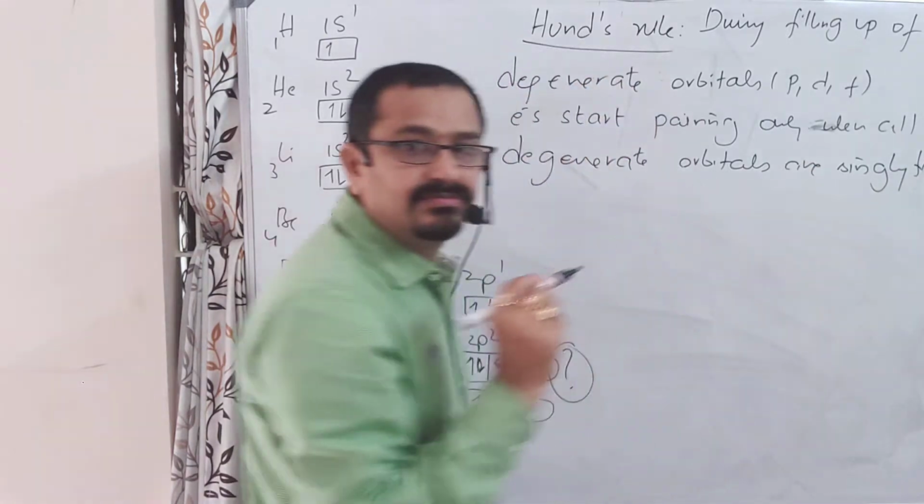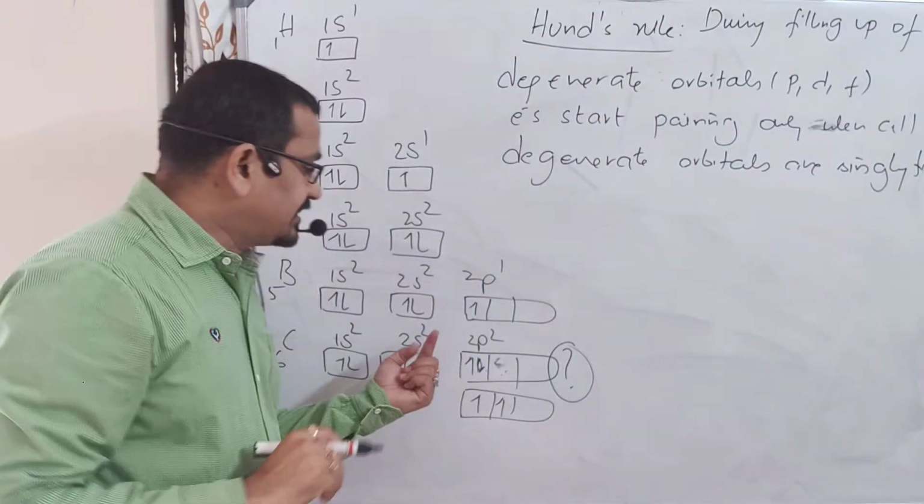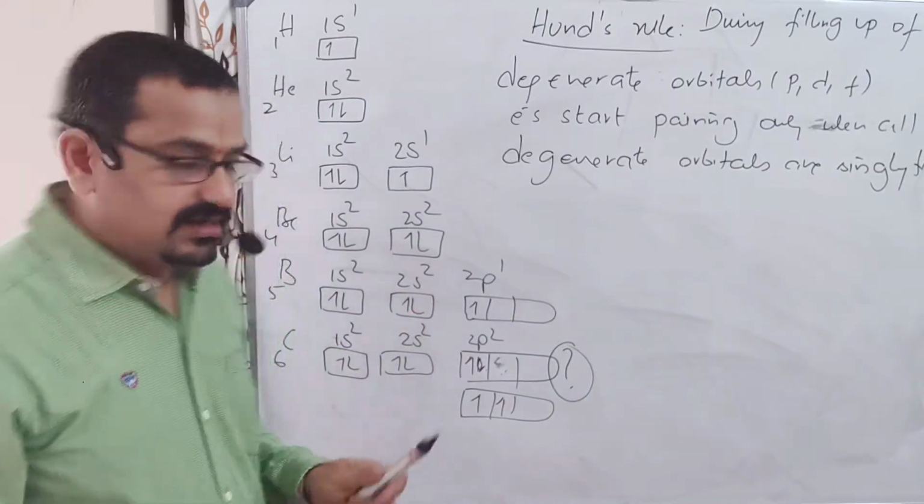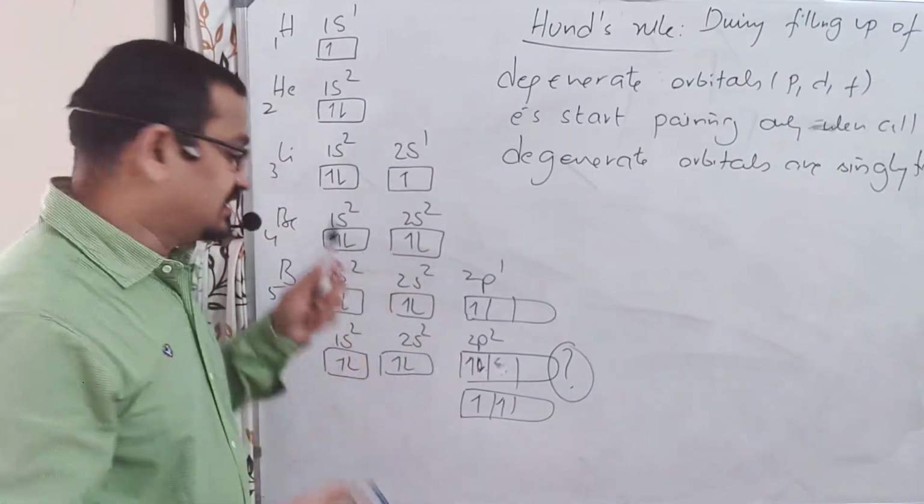Means filled with minimum 1 electron. When all degenerate orbitals are filled with minimum 1 electron, then only pairing starts. This was given by Hund. That's why it is called Hund's rule.